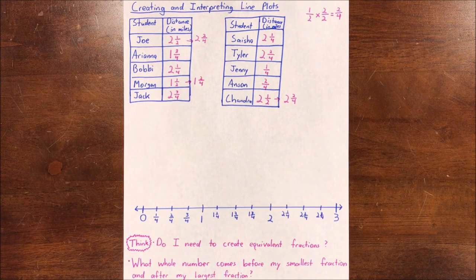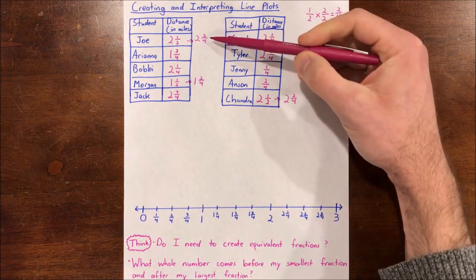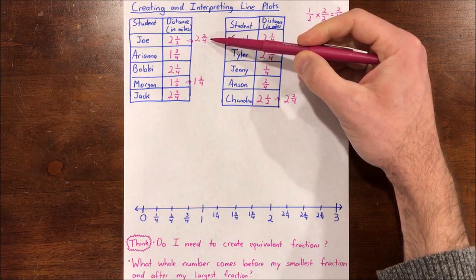Great. Now we can go ahead and actually add our data. To add data to a line plot, we put an X above the number line for each data point that is at that measurement. So here's my first data point. Where do I put that first X? Say it out loud.